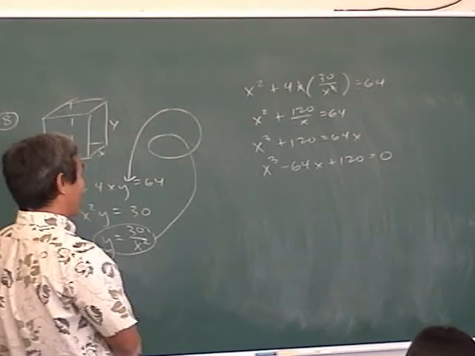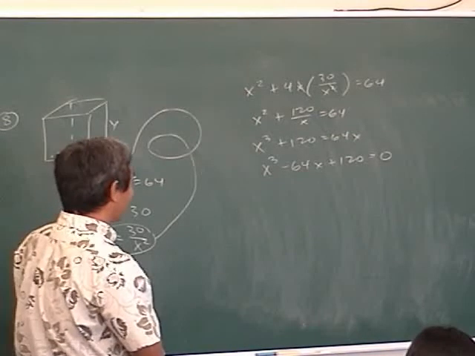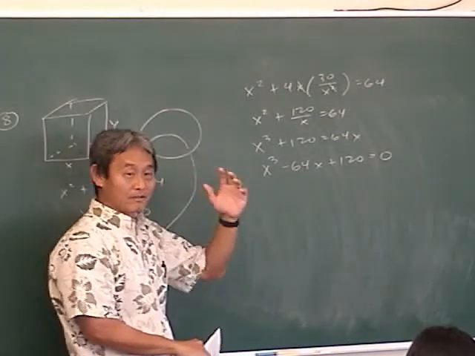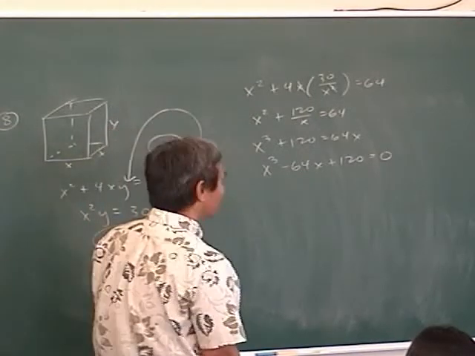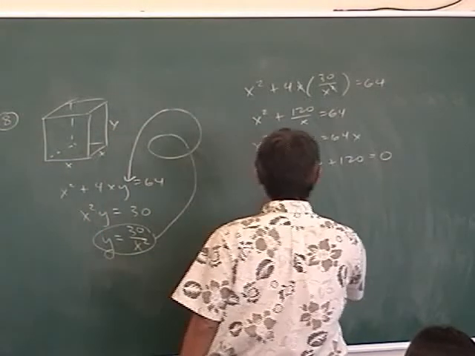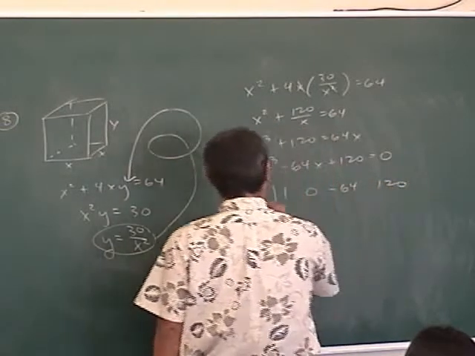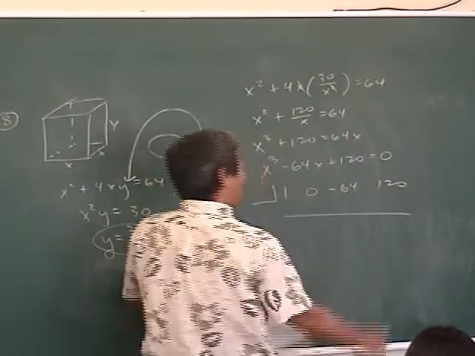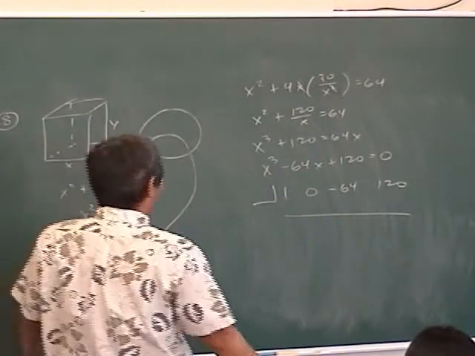Okay, now what? How do I solve this? I see third power. What do I do? Factor by grouping or synthetic division. Is anybody factoring by grouping? What? Okay, no. Let's try synthetic division. Well, you want to be royalty or you want to be peasants? I guess you're satisfied being peasants.